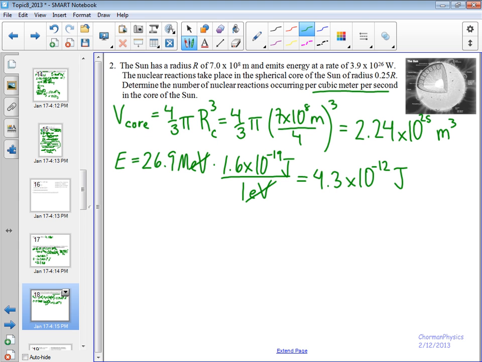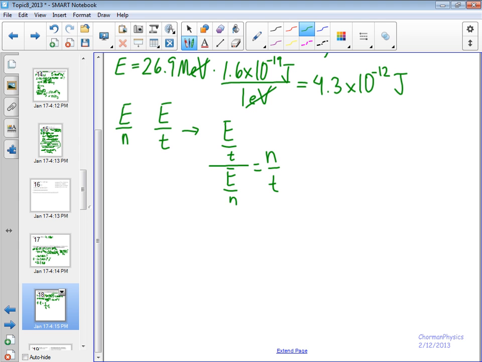From there, we want to know the fusions per second, effectively. If we have energy per reaction, we'll just call it energy per N, and we have the energy per time, we can get N per T if we take the energy per time and divide it by the energy per fusion. That gives N over T, which is fusions per second.